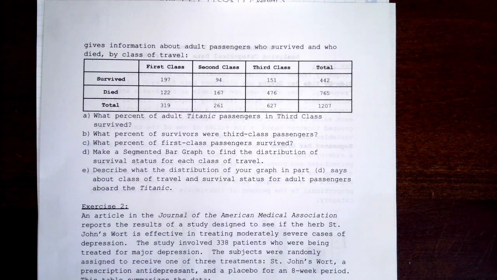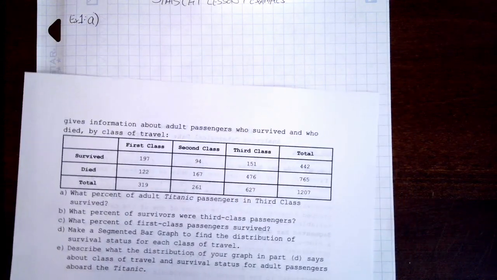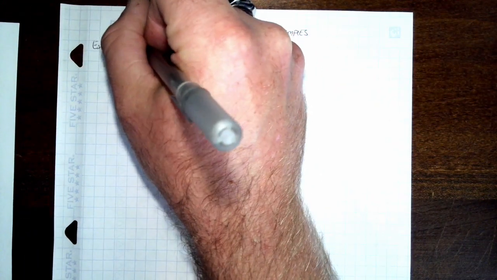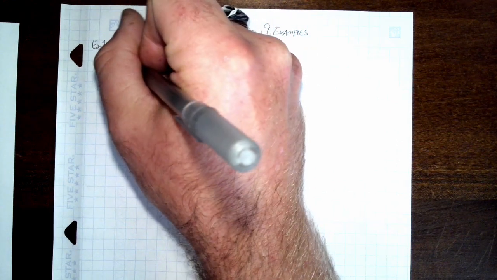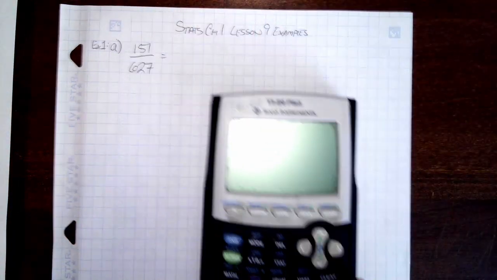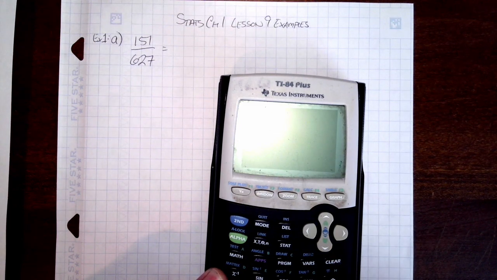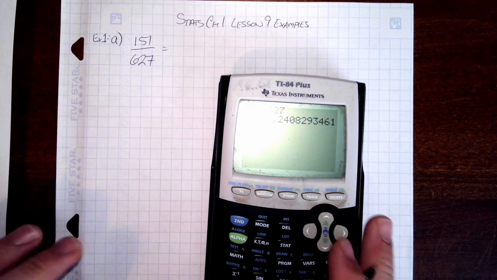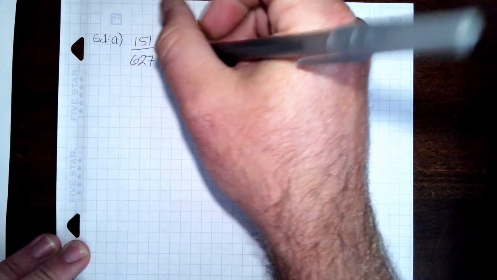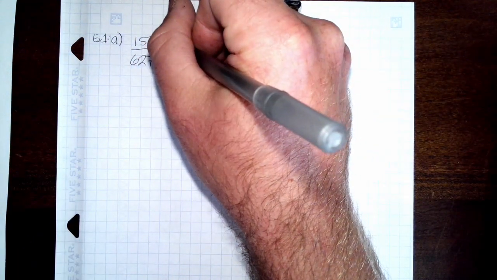So what percent of the passengers in third class survived? Given that they were in third class, what is their probability of survival? So 151 survived out of 627 in third class. 151 out of 627 is 24.1% survived in third class.